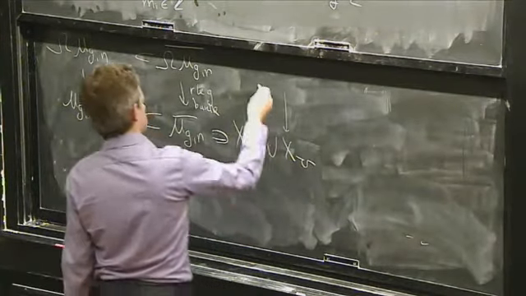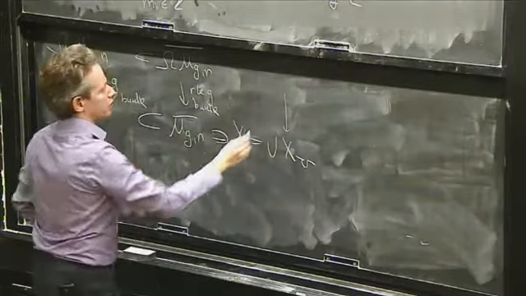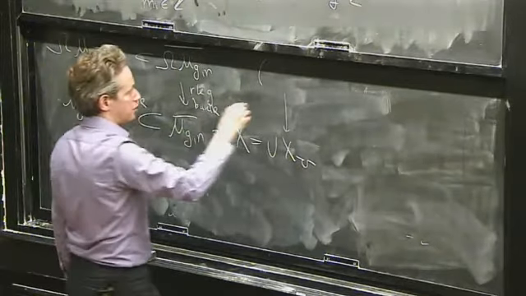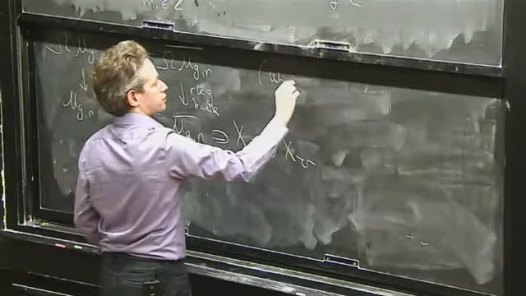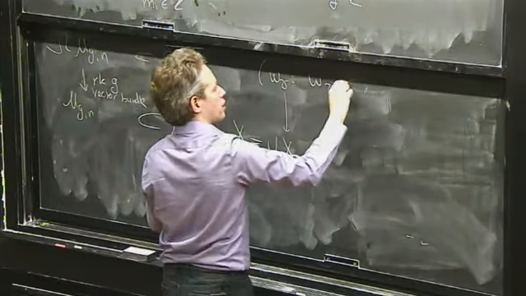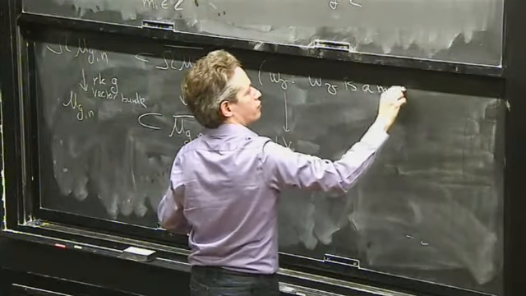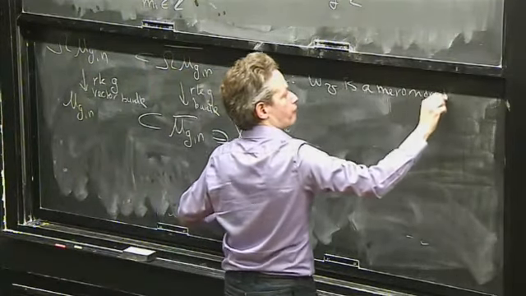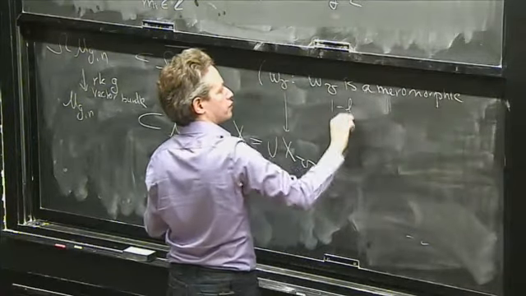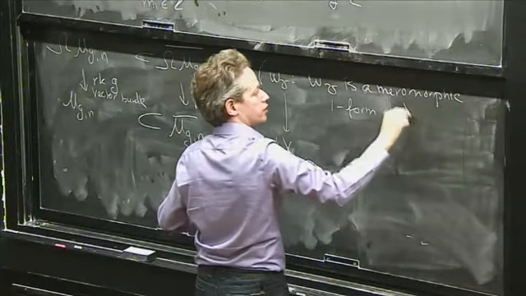So if I have something like that, a fiber will be a collection of omega V, such that omega V is a meromorphic one form on XV.